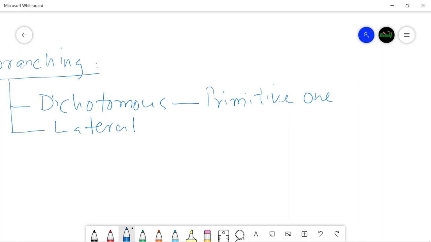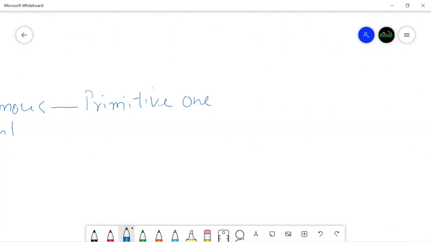Now, dichotomous branching is such that, for example, this is the stem. So the stem divides at its tip into two branches. So these are two branches which arise from the tip, and they too branch in the same manner. That is, the two branches that are formed branch in the same manner, and the process is repeated.